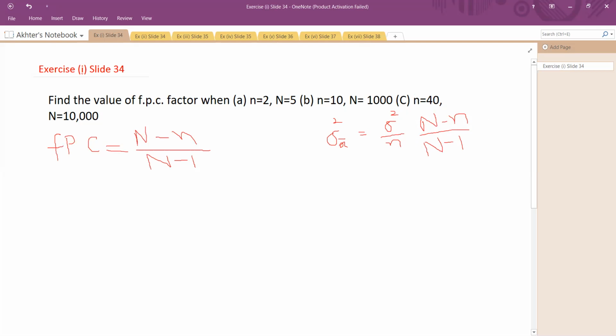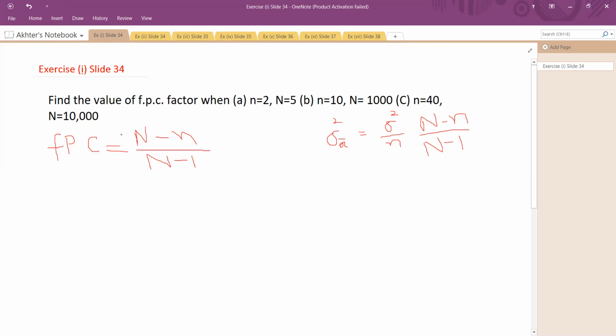So what we want to prove in this exercise is that as the population size increases, the FPC becomes 1. If FPC becomes 1, then the variance of the sampling distribution of mean will be equal to sigma square upon n. This is the part that we are going to discuss in this exercise.